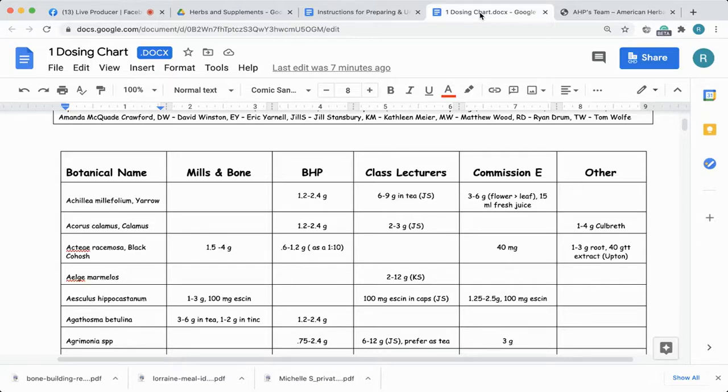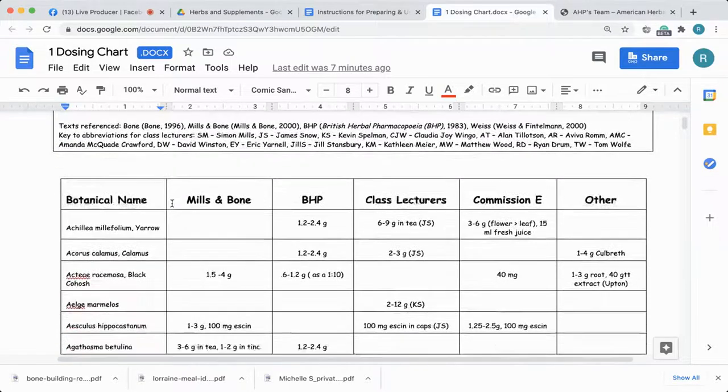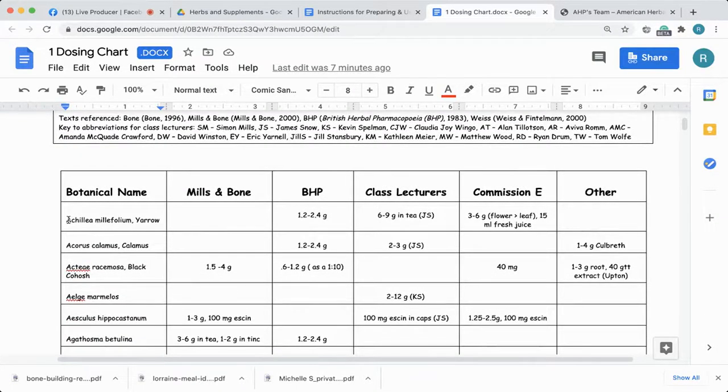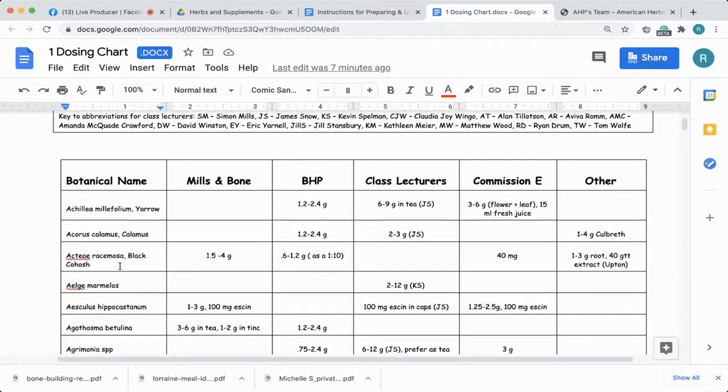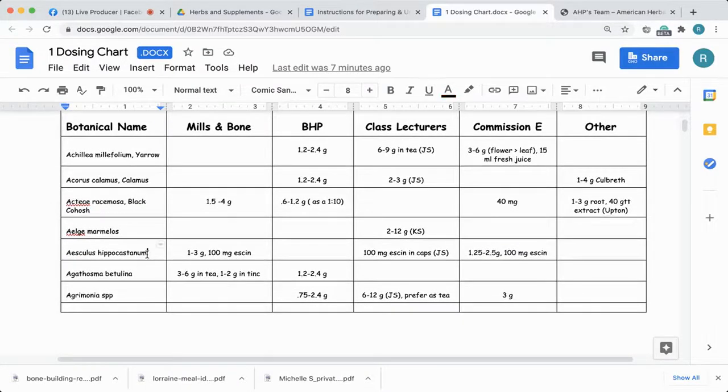Now, one thing that may be confusing to you if you're not very familiar with herbs is that the herbs are listed in alpha order according to their botanical or Latin binomial name. I just thought this would be a great project for somebody who's looking for hours to go through and add the common name, like Aesculus hippocastanum is horse chestnut.